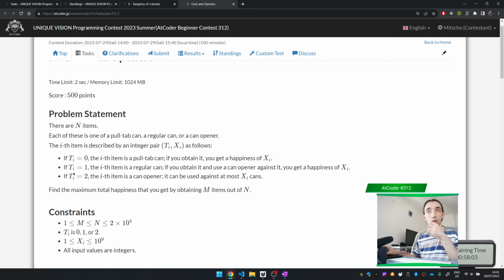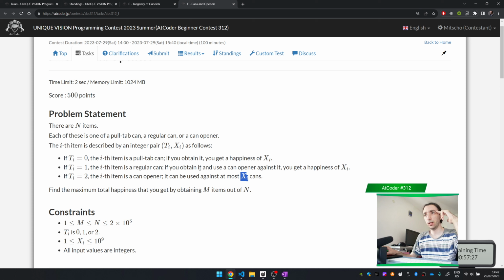And then, okay. So the can opener is used to open at most xi cans. So, okay, I don't know why I think of max, it's definitely not max flow, but okay, so it can be used at most xi cans.